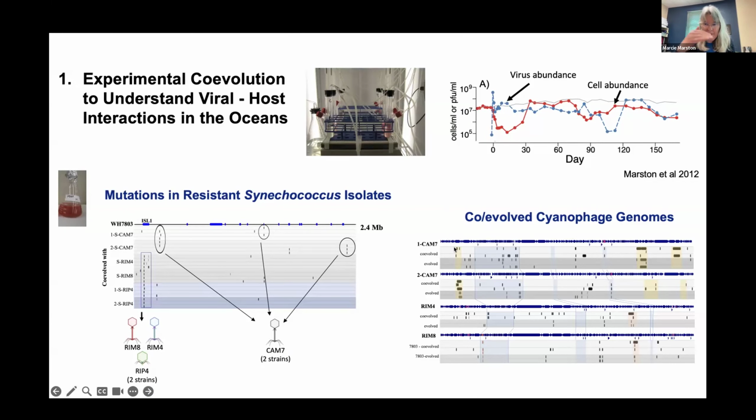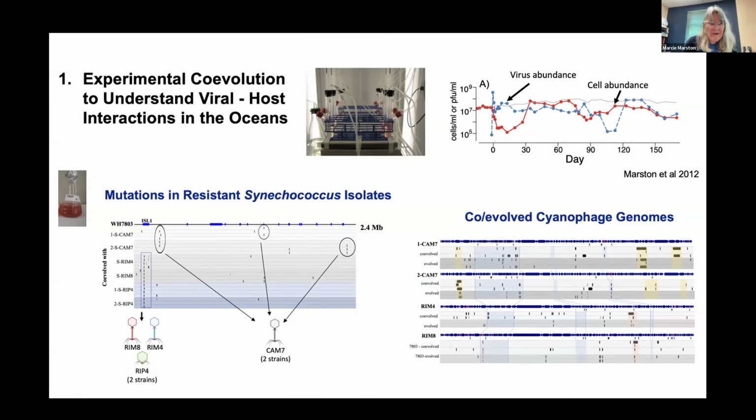Again, we have mapped the reads for the coevolved and, in this case, also evolved viruses to the ancestral strain. And again, we see that there are lots of different mutations that can occur over 6 months. And it's this diversification that allows both the Synechococcus host as well as the cyanophage to coexist, because when you look at the infection network, it's nested.